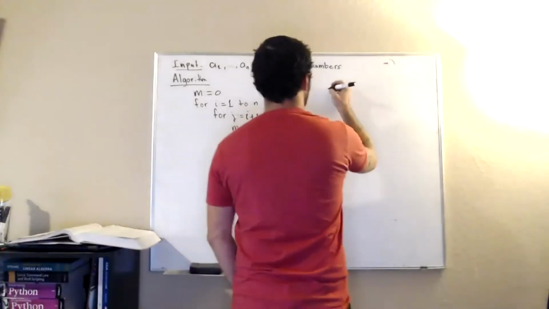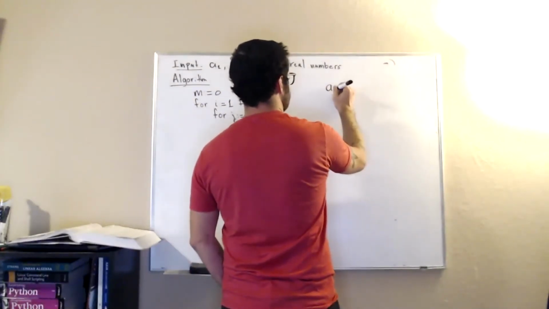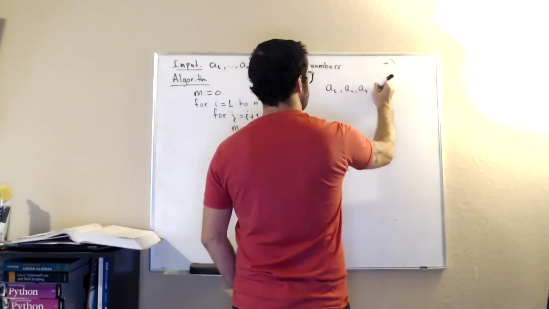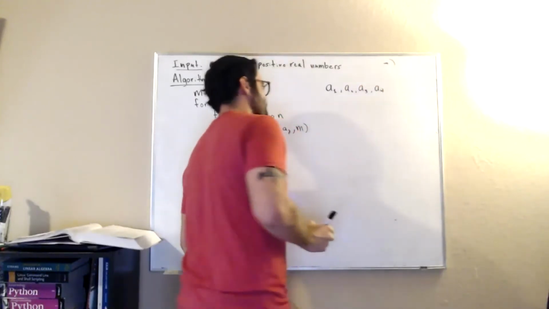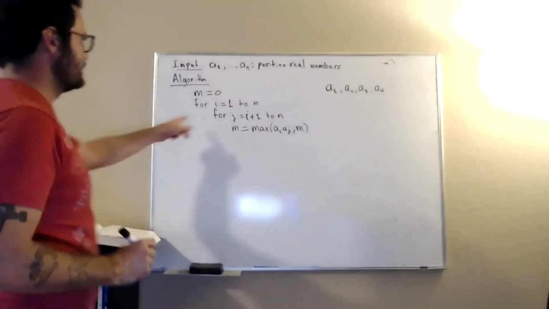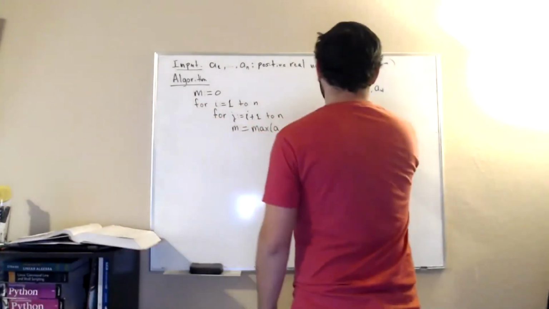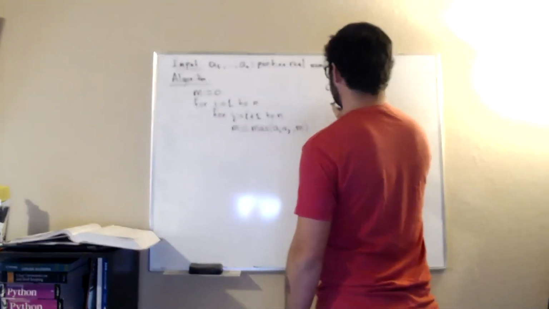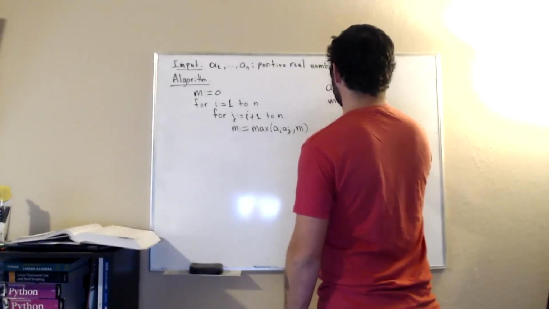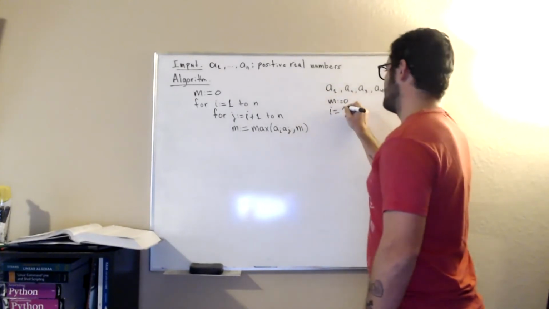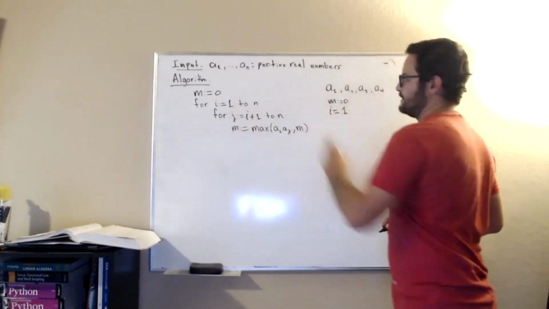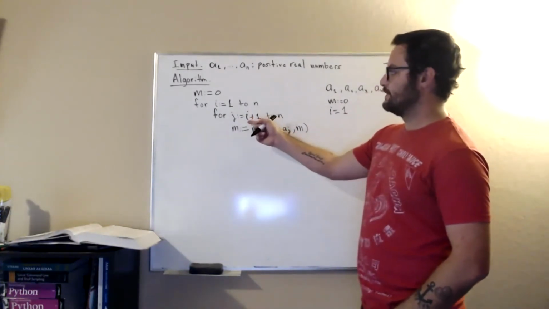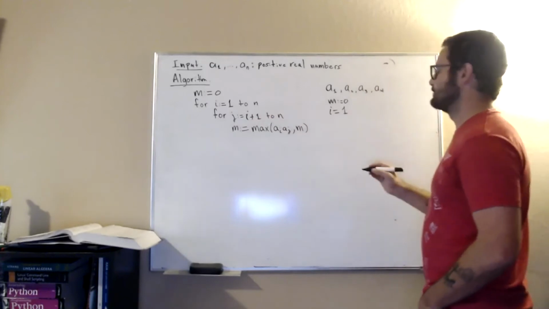I'll start a small list: A1, A2, A3, A4. Now for I equal 1 to N, we set I equal to 1. Originally M is just going to be equal to 0. Then we enter this for loop, and J goes from 2 to 4.